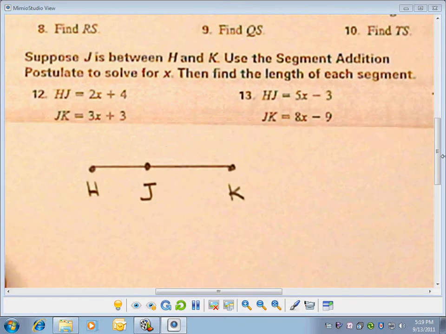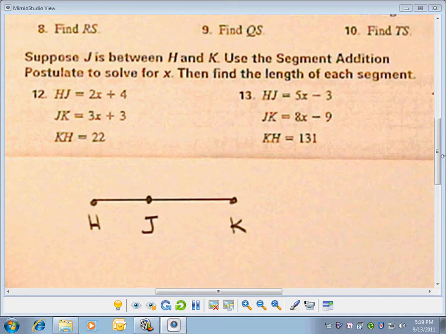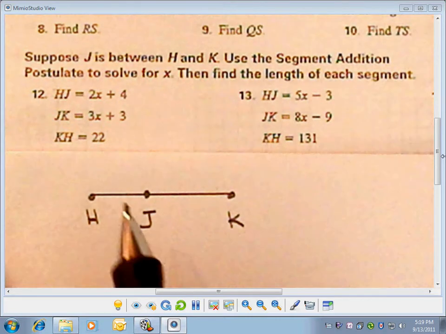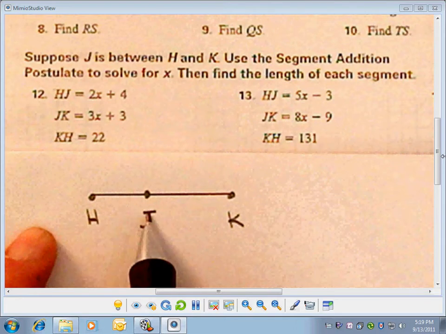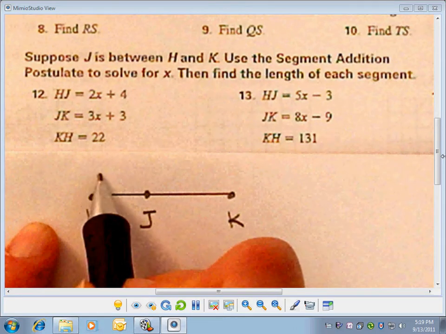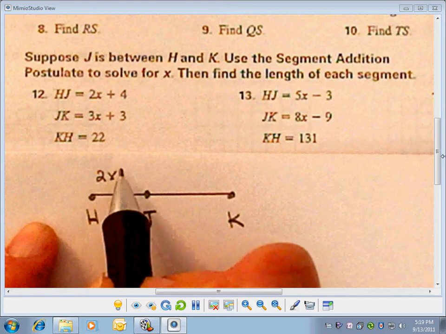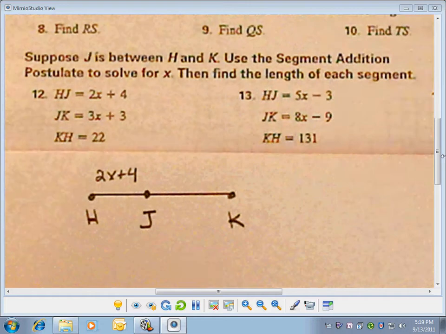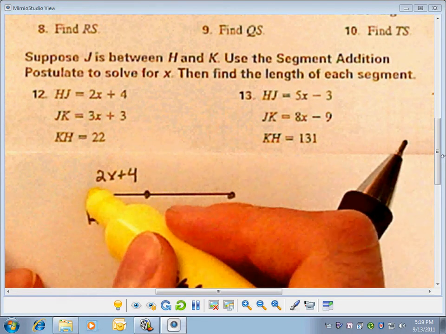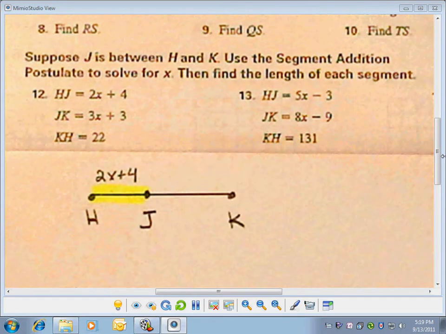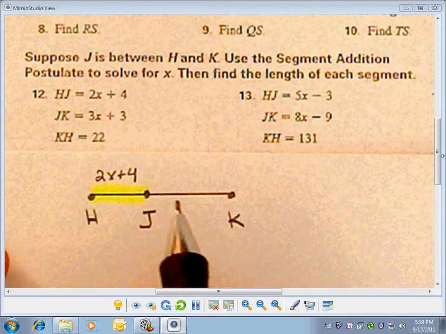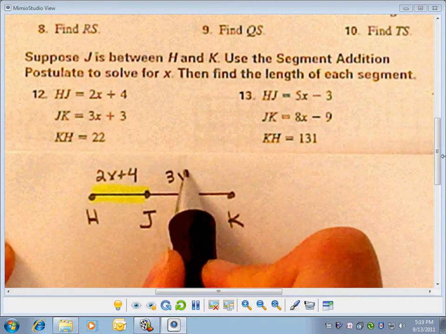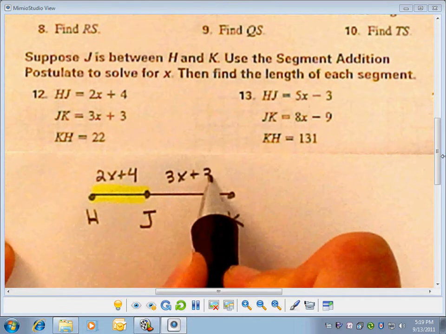So let's go down and let's look at number 12. So number 12 is telling me that the distance between H and J is 2x plus 4. That's this distance. And the distance between J and K is 3x plus 3.